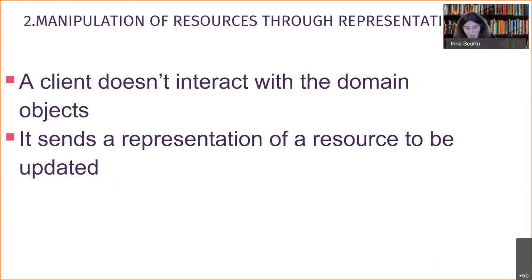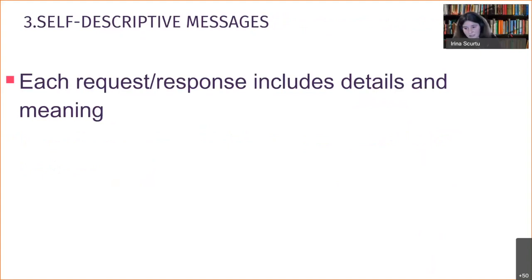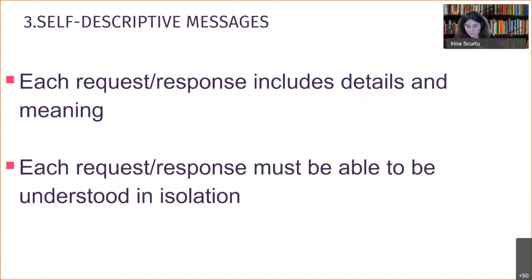And being self-descriptive means that everything that is going over HTTP, either a request or a response, should include details and meaning. And also, if you were to take one of a multitude of requests or responses and look at it, you should be able to tell what's in it.